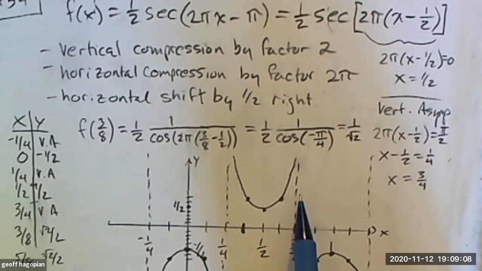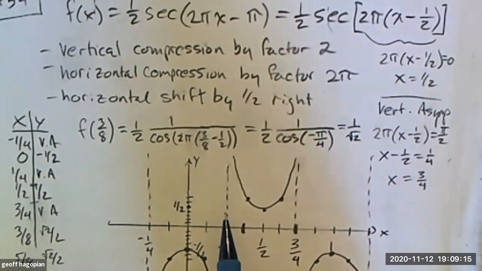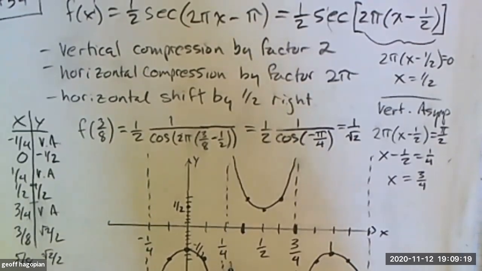It's both compressed horizontally and vertically. And so the other vertical asymptotes: do we get the wavelength for this thing? It's 1, right? 2 pi divided by 2 pi is 1.